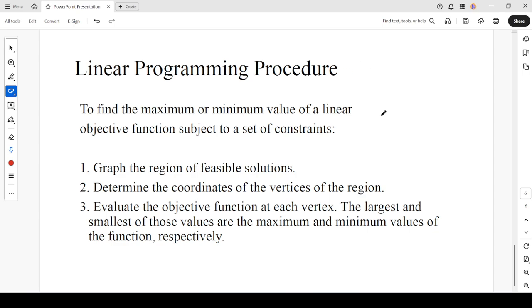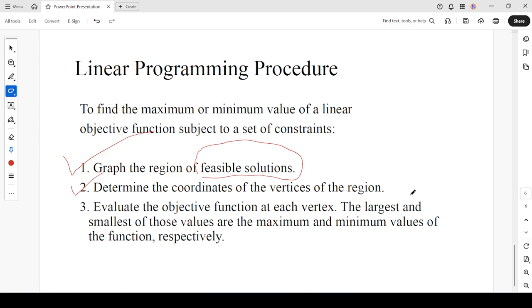Okay, so how do you solve linear programming problems? First of all, graph the inequalities. You might have more than one inequality, and find the feasible solution, meaning the solution where all the constraints are true. And then after that, find the coordinates of the vertices of the region, and then find the objective function at those coordinates.